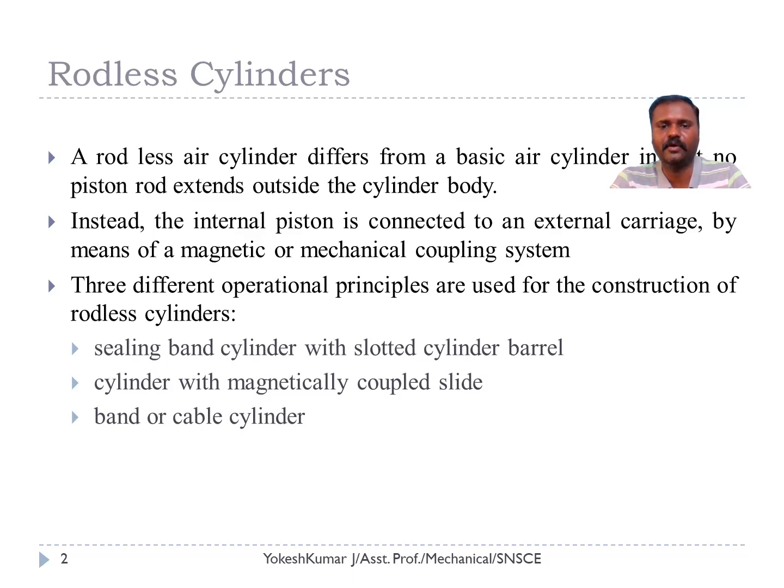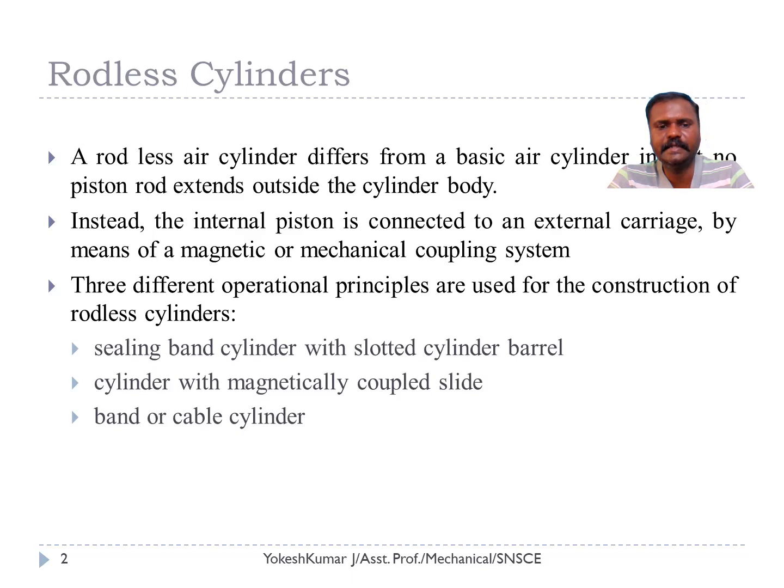This can be broadly classified into three types based on the constructional feature. The first type is the sealing band cylinder with slotted cylinder barrel. Here, instead of a rod, we are using a sealing band that is used to transmit motion to the output.